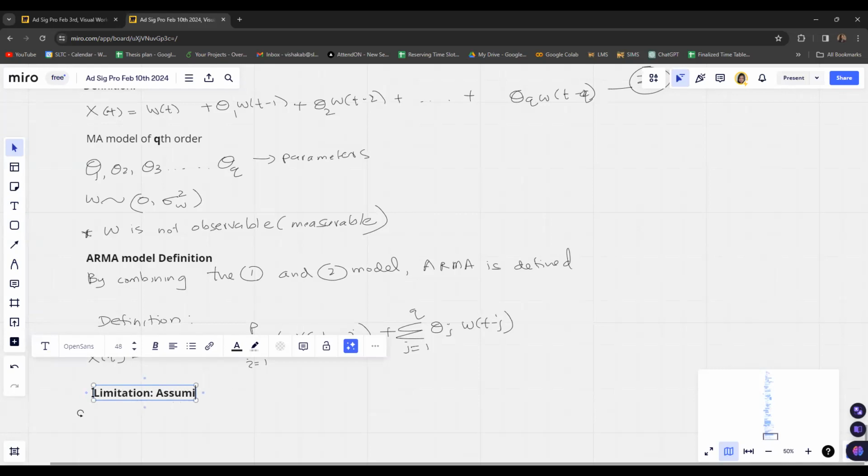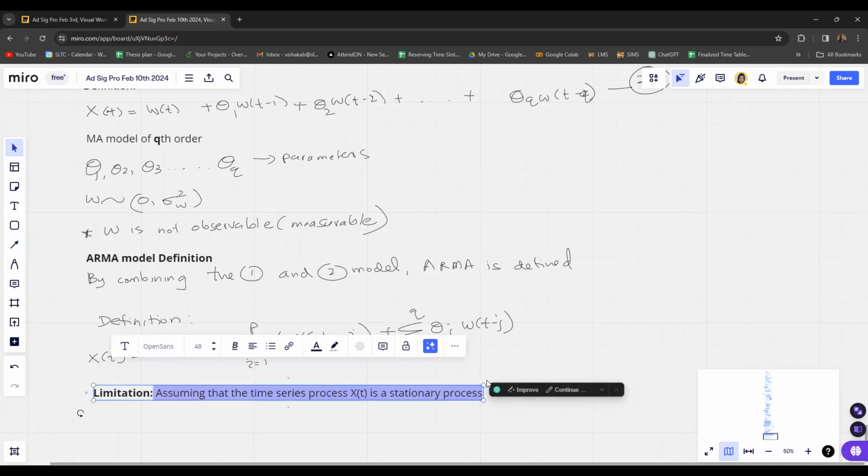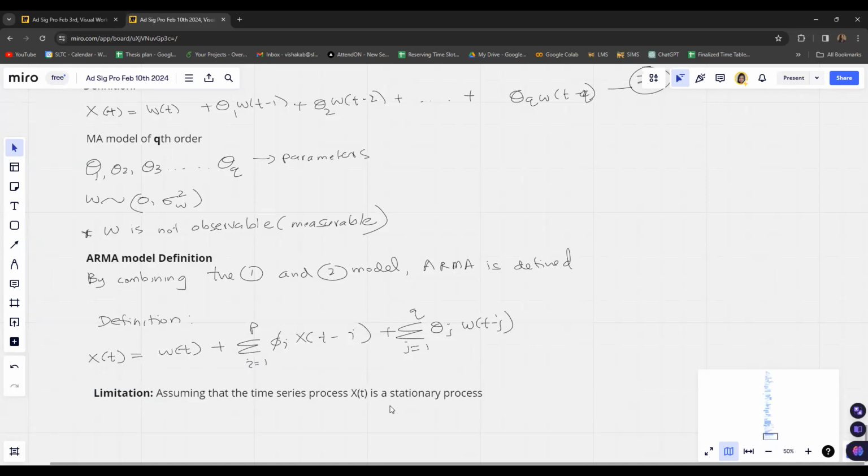In actual scenarios, the xt process might not be stationary. It might not have stationary statistics over all the time instances. But here we are proposing this model only for the stationary process.